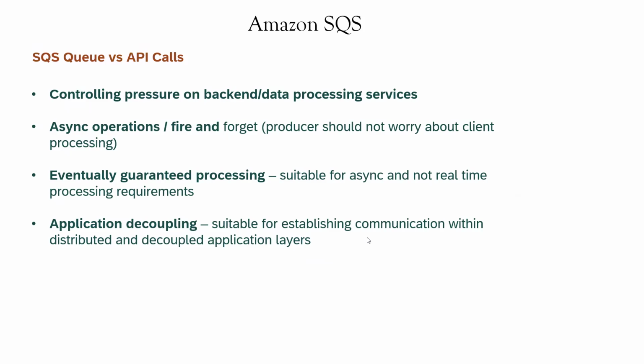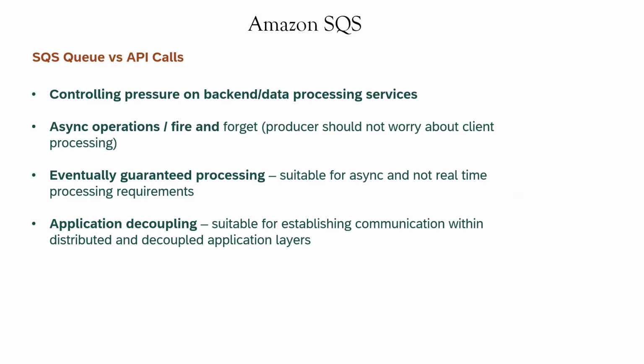Another use case is application decoupling. As we discussed, in e-commerce applications there are multiple microservices: order collection API service, sales API service, payment API service, logistics and shipping API service. All these services are decoupled.